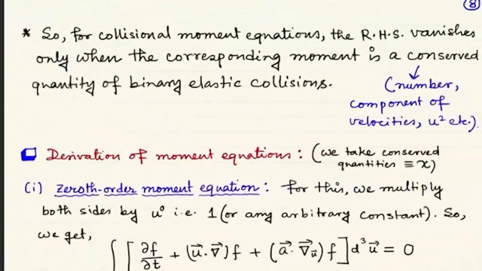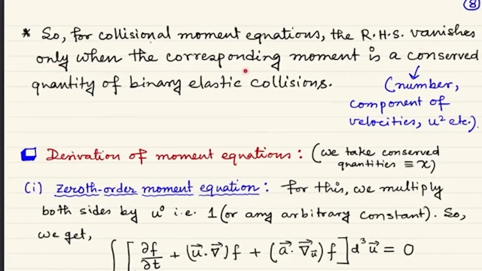That's why we finally get rid of the right hand side in the moment equation. So for the collisional moment equation, the right hand side vanishes only when the corresponding moment is a conserved quantity of binary elastic collision.